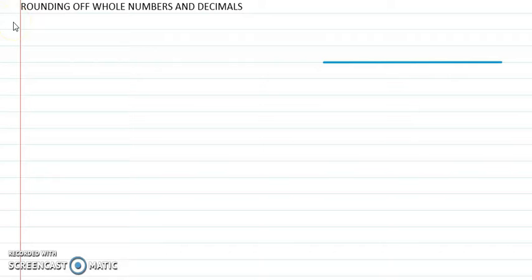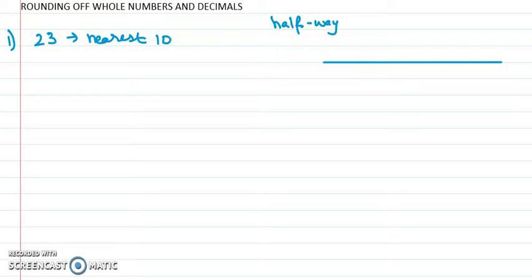How to do rounding off of whole numbers and decimals. The idea behind rounding off is basically halfway. What is meant by this halfway is, for example, if I need to round off the number 23 to the nearest 10, I will be marking my numbers on the number line. 23 means I will be taking 20 here and 30 here, and the halfway between them is 25.